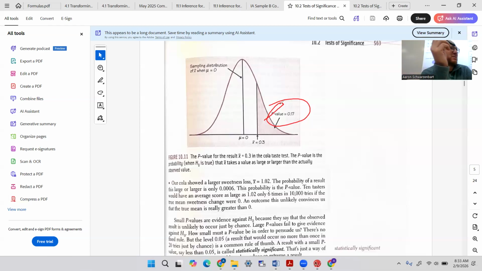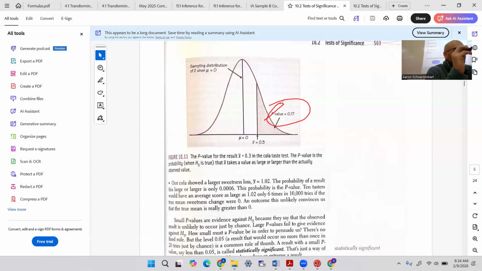Sometimes you'll do 0.01, that's like 99%, or you might do 0.1 once in a while. But if it's below that alpha level, we reject H naught and conclude HA.